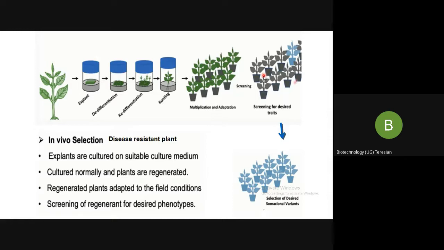So these plants are infected with the pathogen. See here, the blue color. I have shown only one plant that is resistant to a particular pathogen. So I will identify this, and then I know this plant is resistant to a particular pathogen. Now you put the pathogen into that plant and see whether they are really tolerant or resistant to the pathogen.